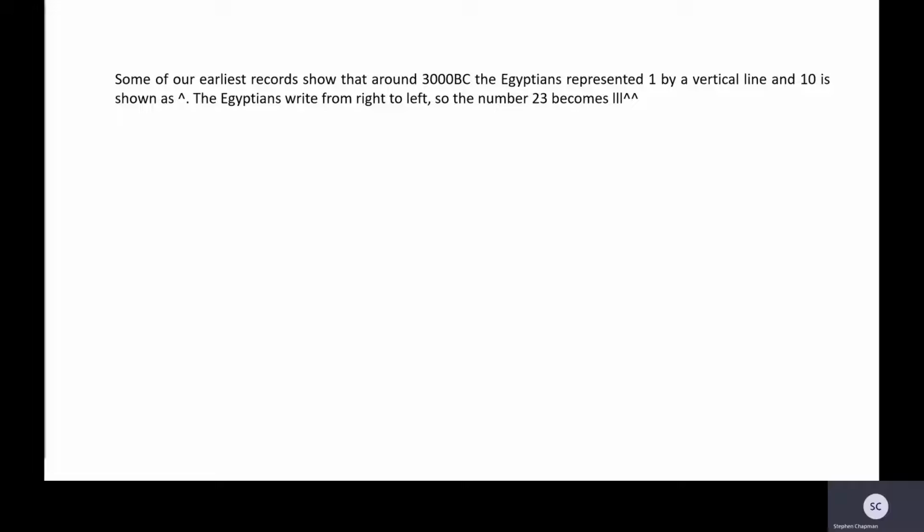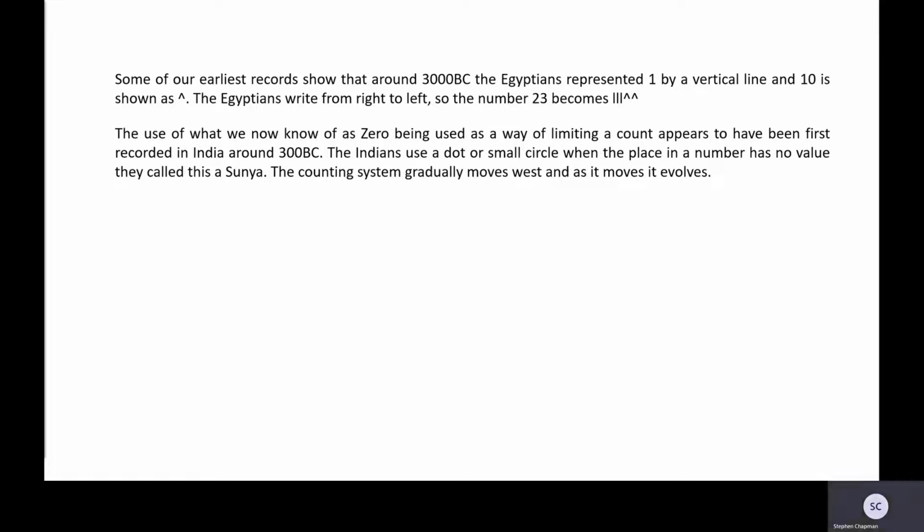If we look at it today, a bit cumbersome, it went from right to left. So 23 was written as 2 on the right-hand side and 3 on the left-hand side. In the day, it probably worked extremely well for them. But they had no 0, and the first time that we see a 0 mentioned is about 300 BC in India.